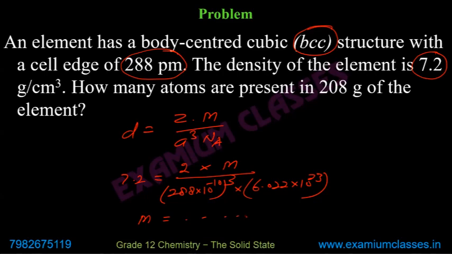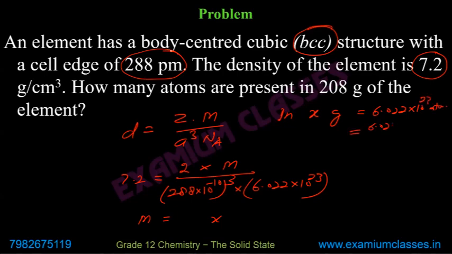Okay. In this molar mass, how many atoms will be there? Whatever, say it comes out to be X. Okay, X. So it means in X grams there will be 6.022 into 10 power 23 atoms.